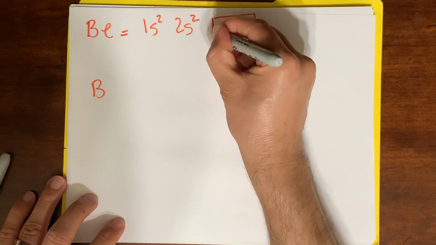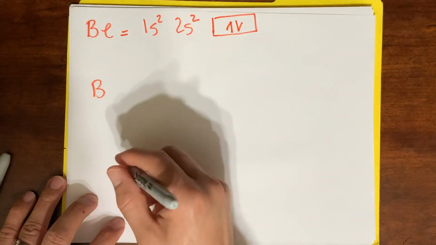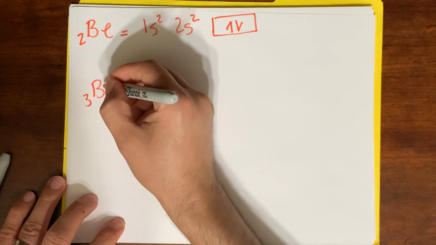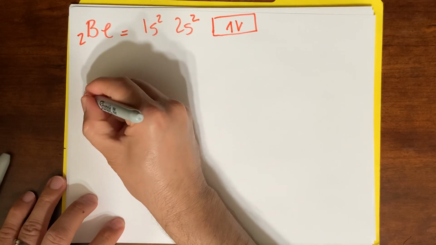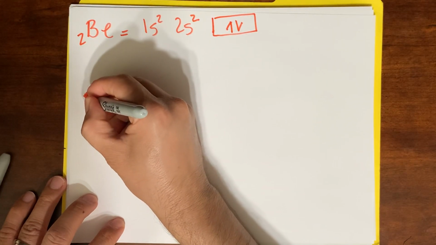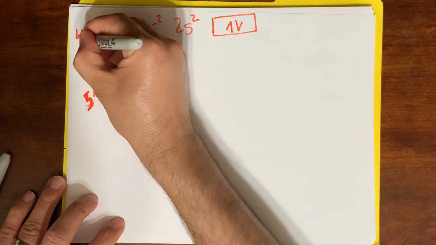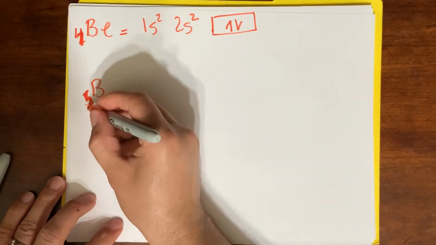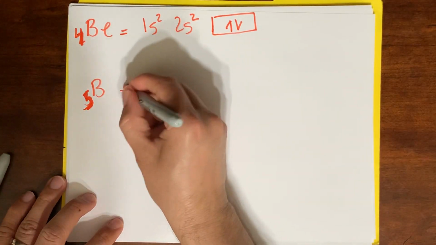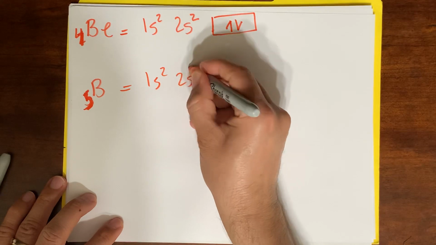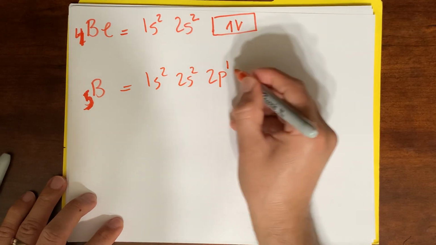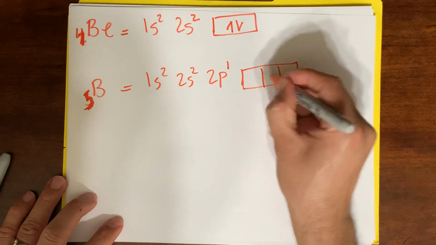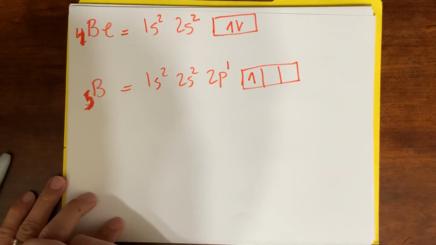Last orbital is the s orbital, and you have 2 electrons in it. Sorry, this one is 5. That one is 4. I meant 2 by valence electrons, not the atomic number. Okay, so it will be 1s2, 2s2, and 2p1. So last orbital is a p orbital, not s, and you have 1 electron in it.